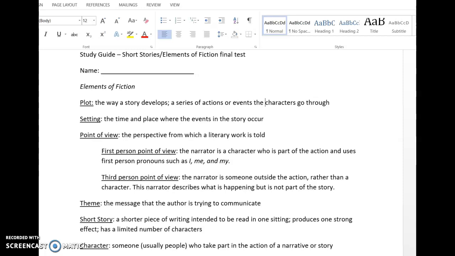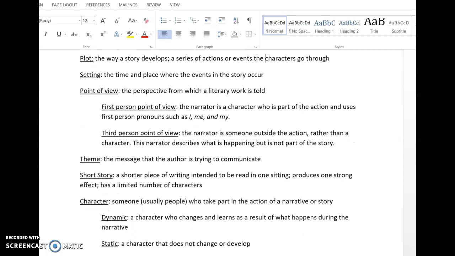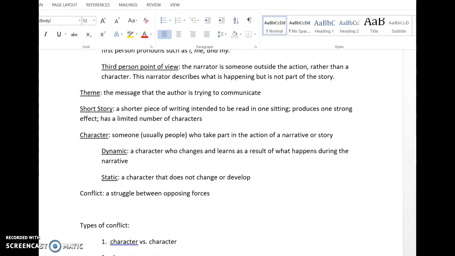Okay, so the characters in the story are someone who takes part in the action of a narrative or story. Usually these are people. Sometimes in other stories they might be animals. In There Will Come Soft Rains, we have a different character because there aren't any actually living people in the story.